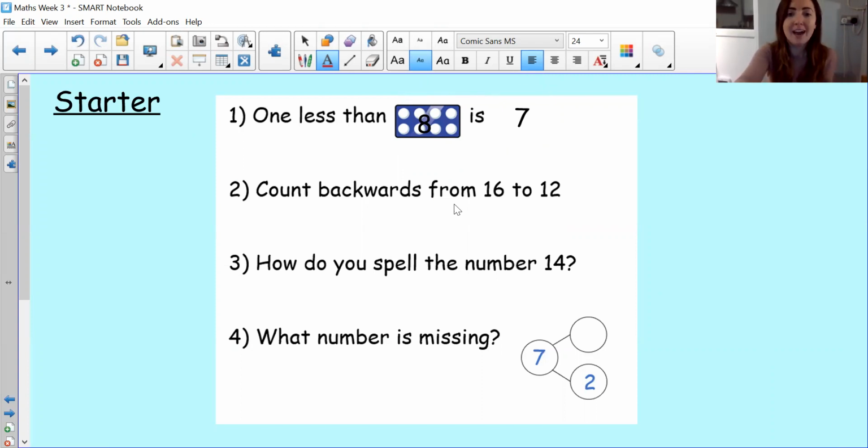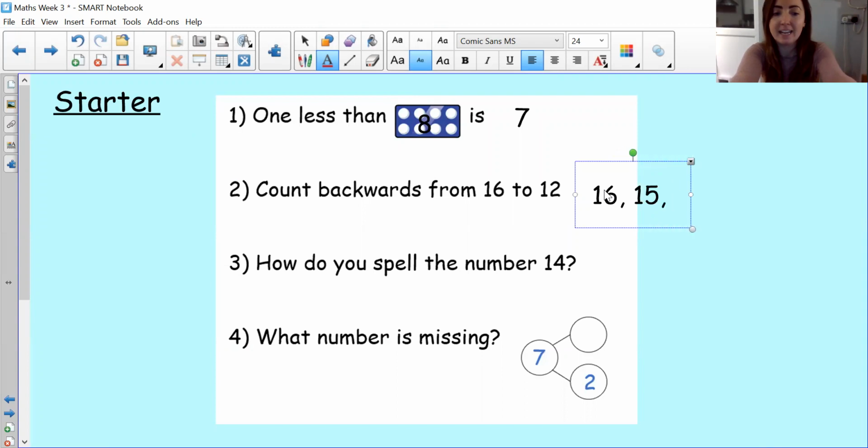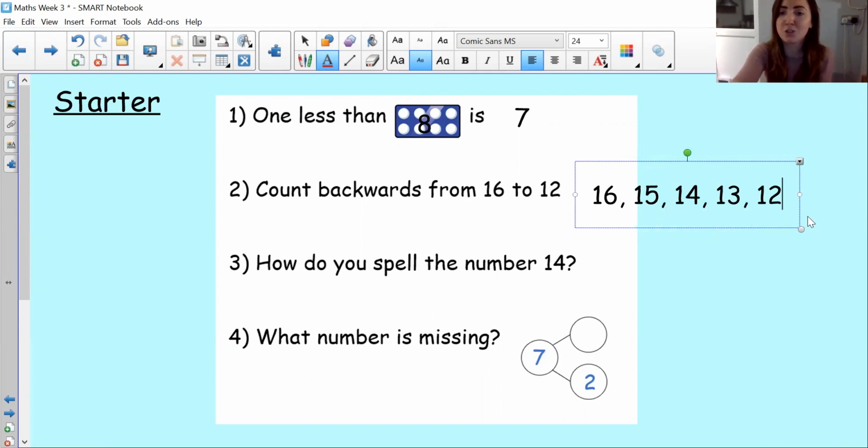Okay, number 2, count backwards from 16 to 12. So we need to start with number 16. And when we count backwards, the numbers have to get smaller each time. So 16, 15, 14, 13, 12. Hopefully you remember to stop there and didn't get carried away.